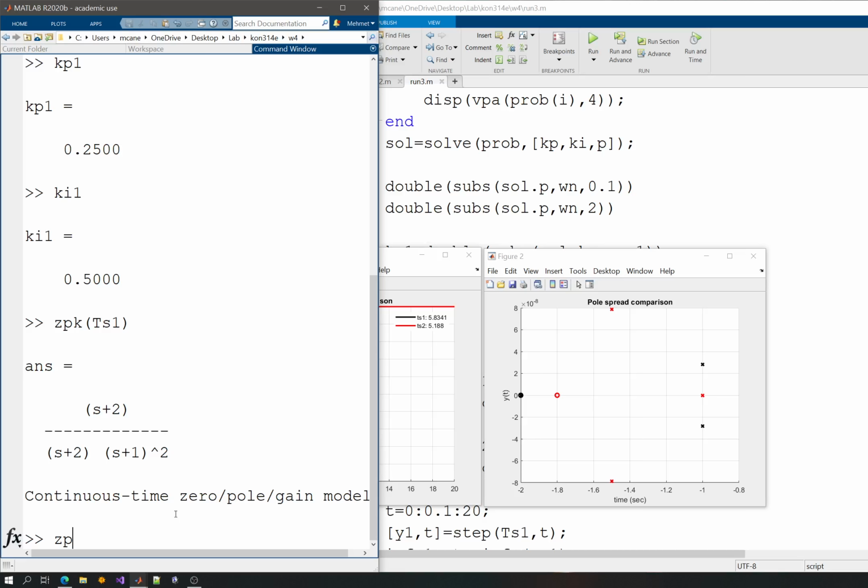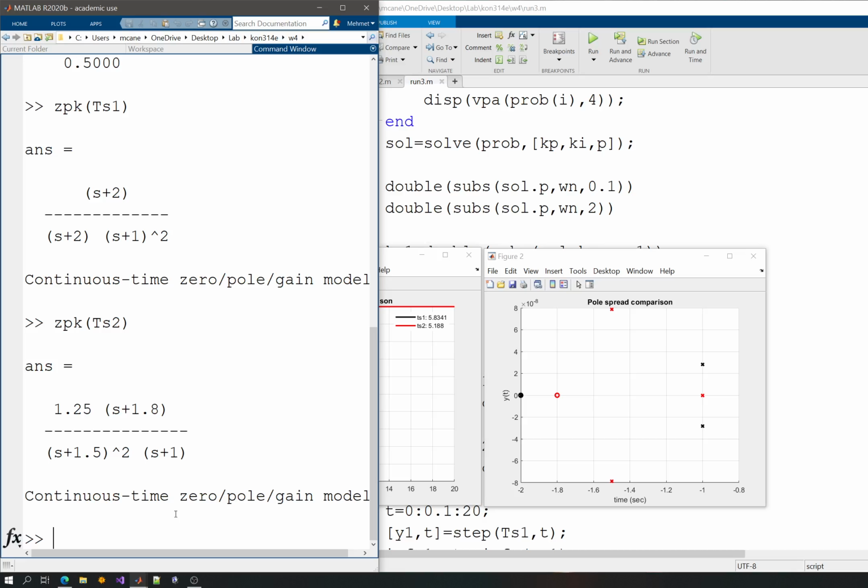You can also see that the red one here is not that far away from being ideal, since it has a nice response. Its omega n value is 1.5, and you have a 1 and 1.8, or you can see that 1.5 and 1.8 are close to each other, and then we have 2 poles on top of each other. These are on the real axis.